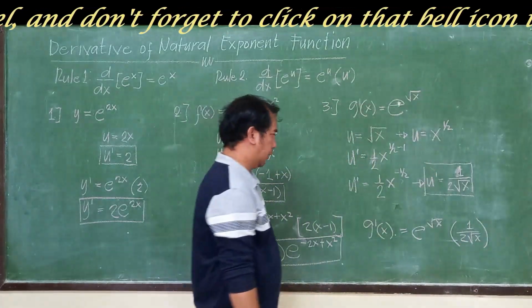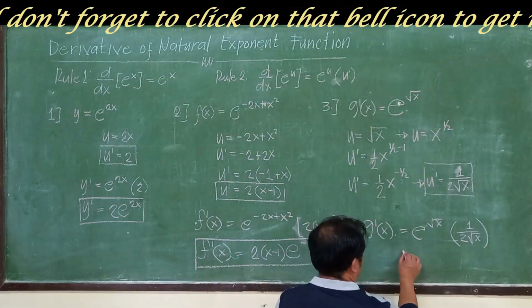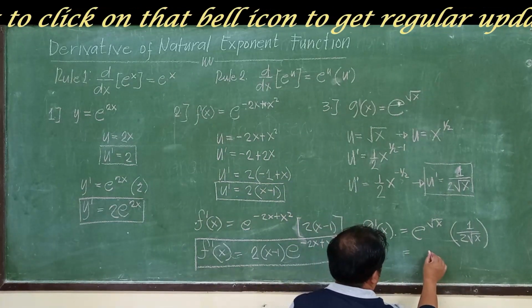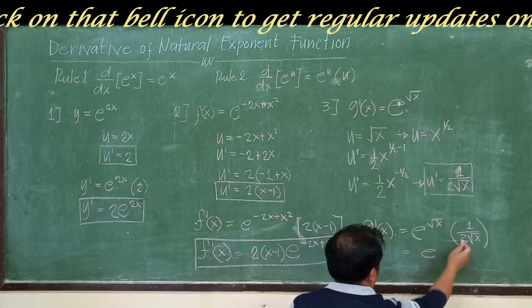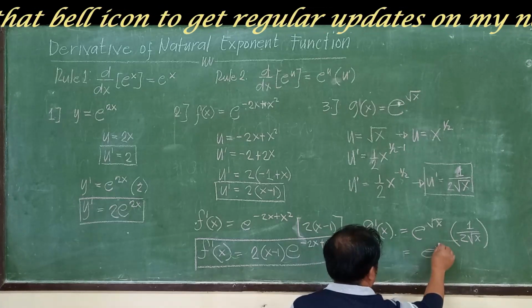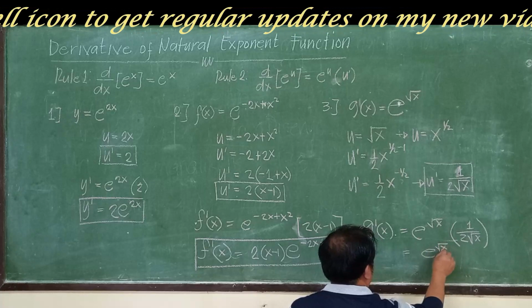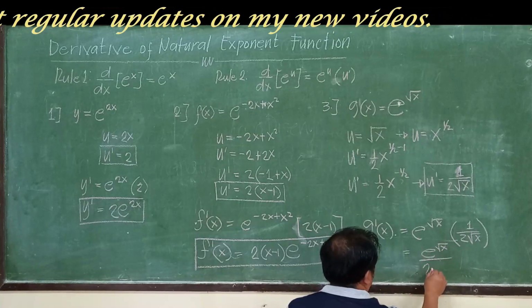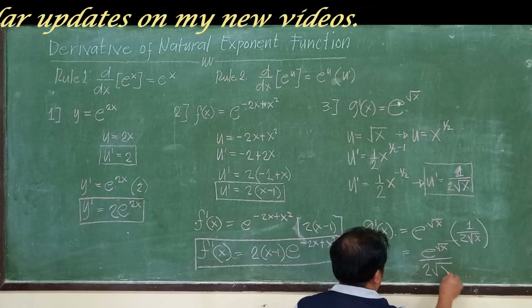So what will be the final answer? The final answer will be now, we have in here e raised to the square root of x over 2 the square root of x.